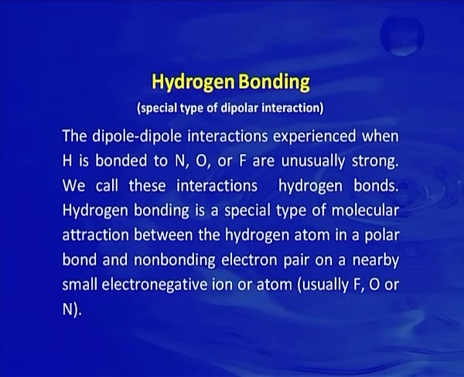Hydrogen bonding is a special type of molecular attraction between the hydrogen atom in a polar bond and a non-bonding electron pair on a nearby small electronegative ion or atom, usually fluorine, oxygen or nitrogen.